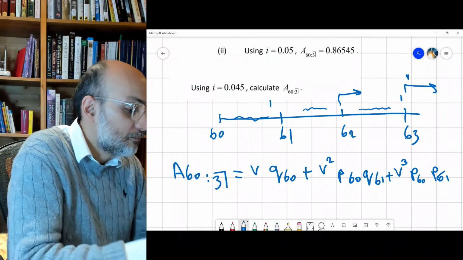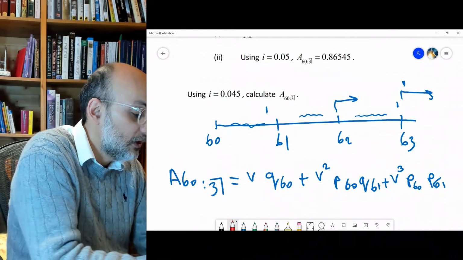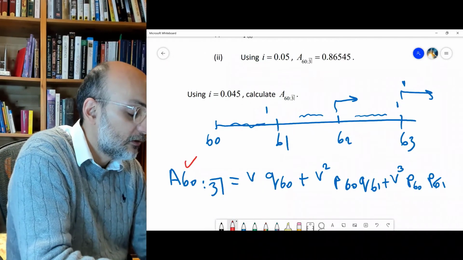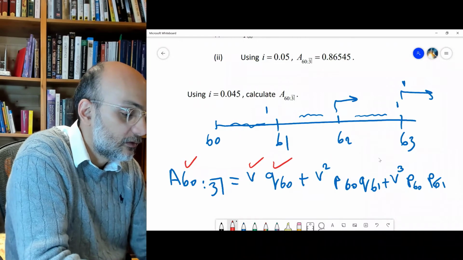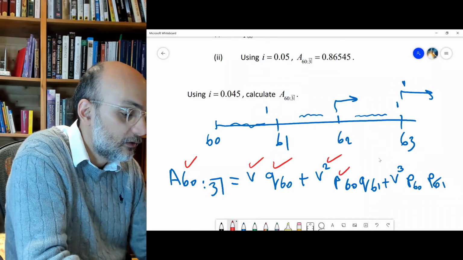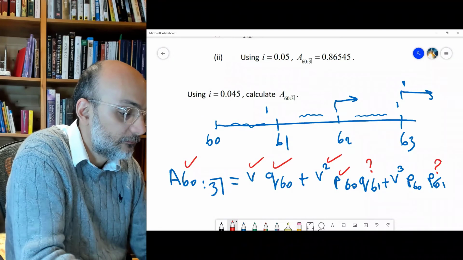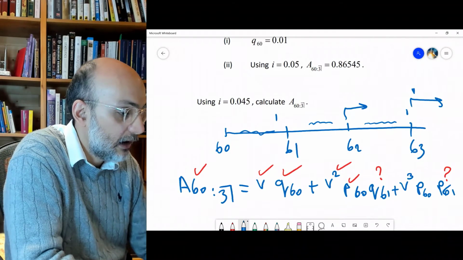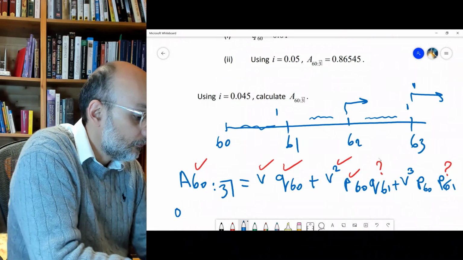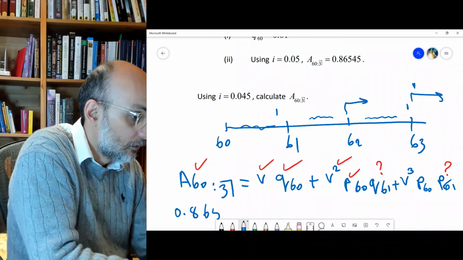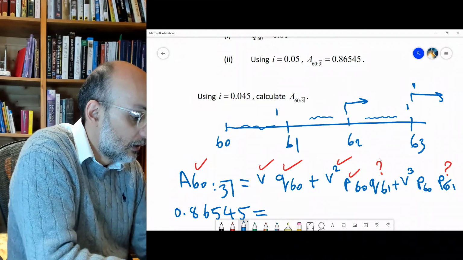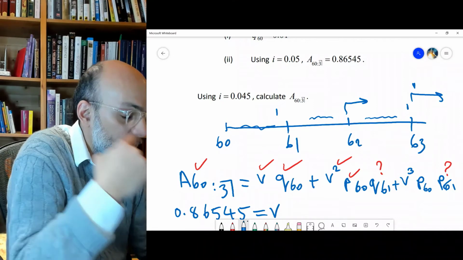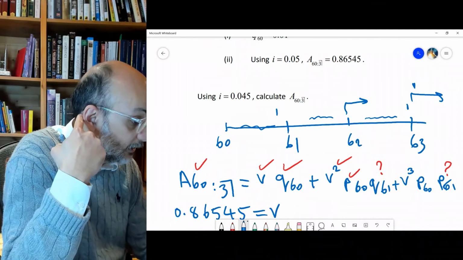And let's put what we have. We have this, we have this, we have this, this not, this not. So let's plug in what we have. We have A63. Let's keep V as is. It's easier to put it in the calculator the way it is.